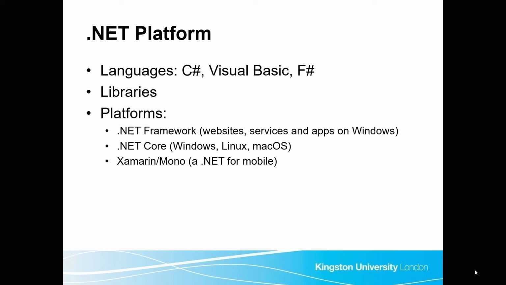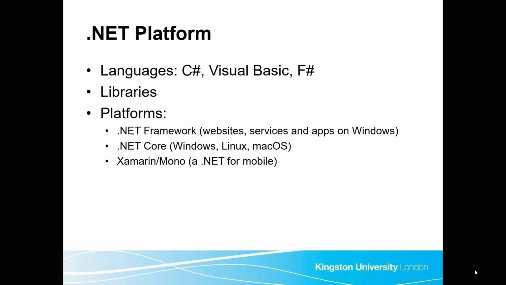So .NET Framework is historically the oldest, and it provides websites, services, applications on Windows, and so on. A new, reasonably new framework which is called .NET Core, which is interesting because it's implemented on a range of various operating systems.